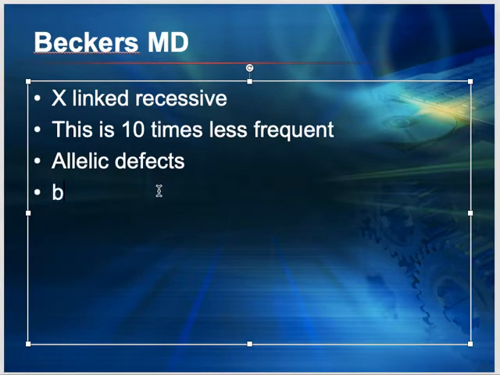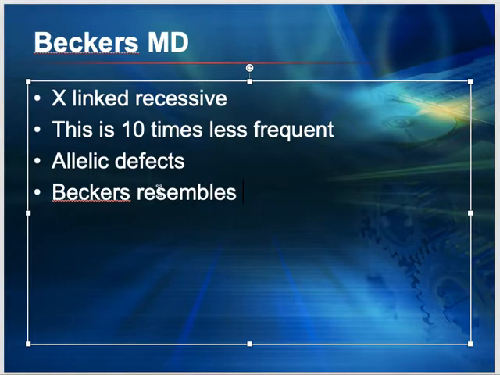Now I will tell you one point. Becker's resembles Duchenne. It's an allelic defect. There is dystrophin but not enough. So everything will be there. They have proximal muscle weakness.